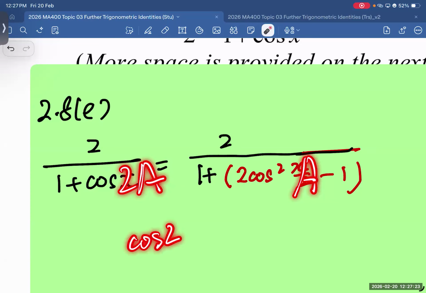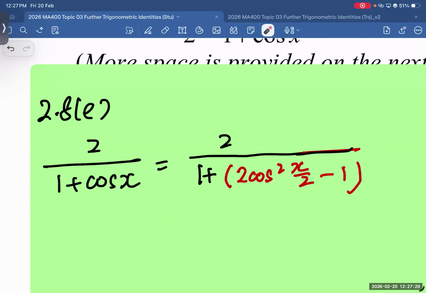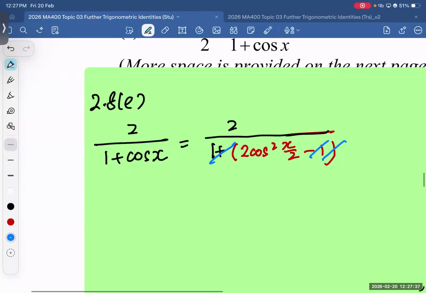Cos 2a is 2 cos square a minus 1. Can or not? It's right. So like I was saying just now, what will happen to the 1? It passes away. Okay. So when you see a 1 and a cosine, the cosine usually allows you to get rid of that number 1. That's the idea. Okay, y'all?